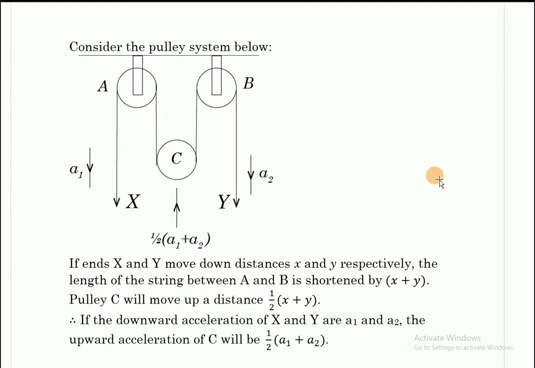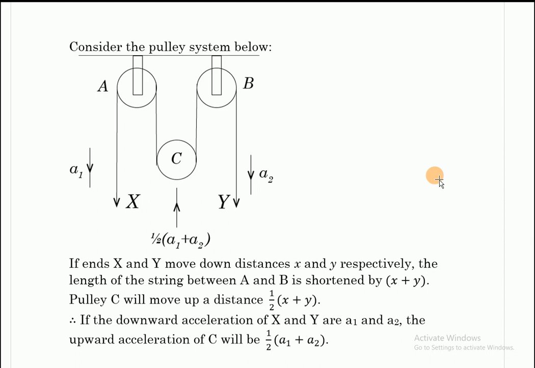This one happens to be another arrangement of pulley system. If you look at this arrangement, it is somehow different from the one we have just handled, because this one bears 2 fixed pulleys and we have one movable pulley.